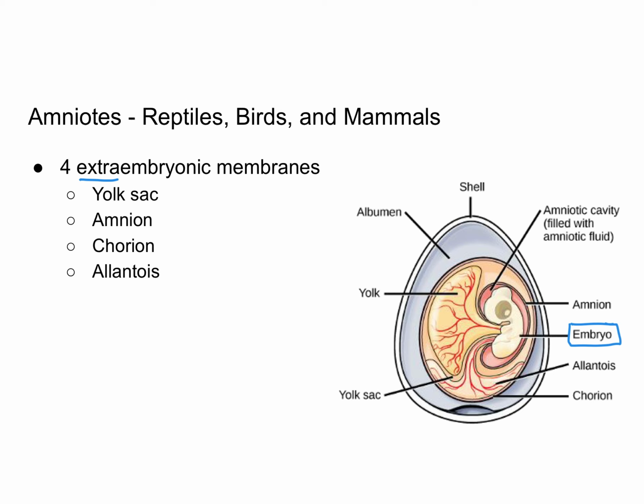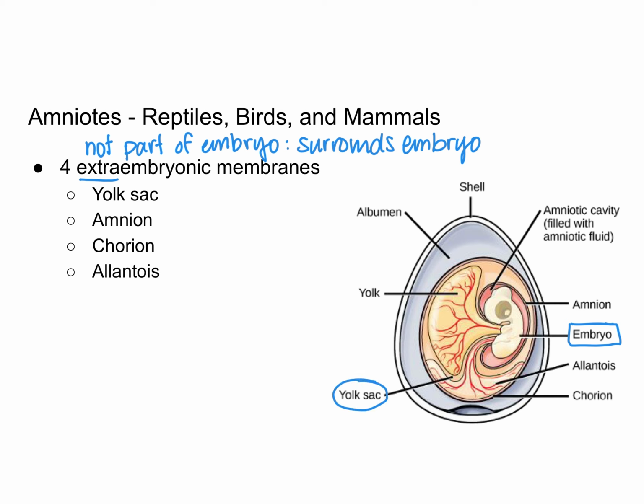So not part of the embryo, instead it is surrounding the embryo. And these 4 membranes include a yolk sac, the amnion, the chorion, and the allantois.